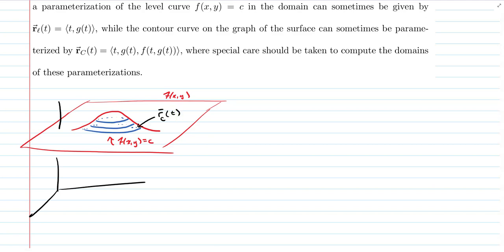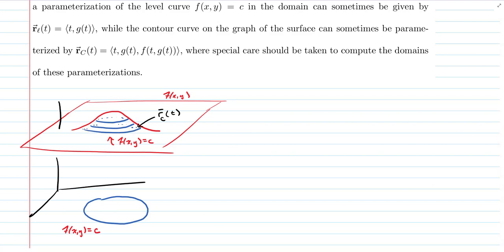So our strategy is to first project that curve down into the xy plane, the domain space. And in the xy plane, that would look something like this. And so this would be the level curve for f of xy equals c. We call this a level curve, whereas we call this a contour curve.